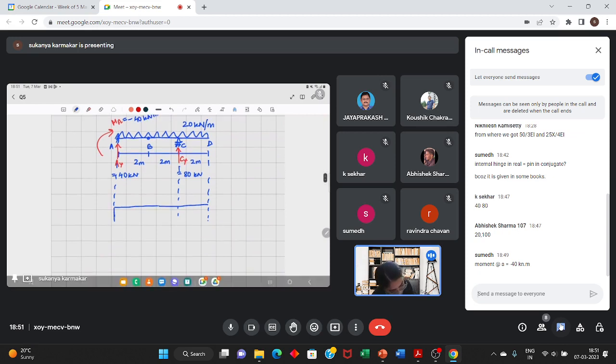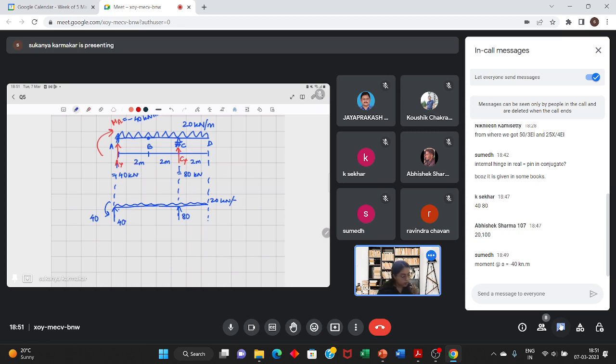I will neatly draw it here. Upward reaction of 40, moment of 40 kilonewton meter, and upward reaction of 80, and UDL of 20 kilonewton per meter.